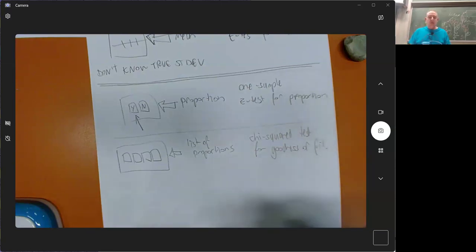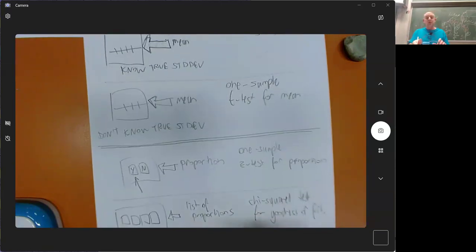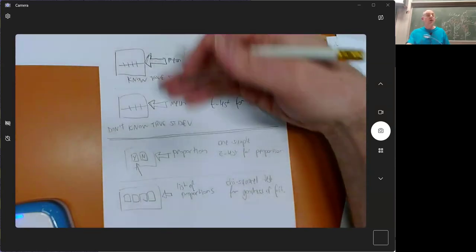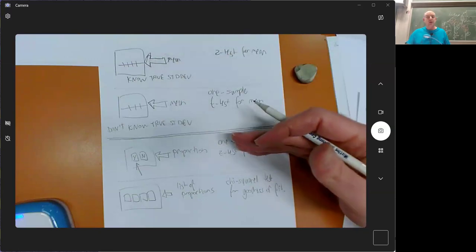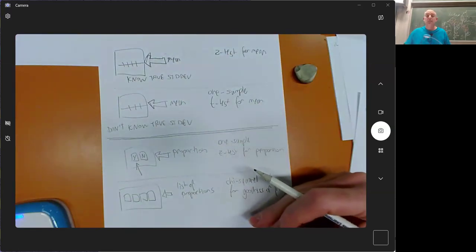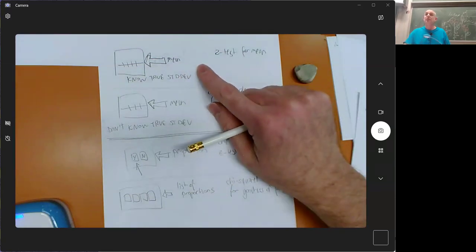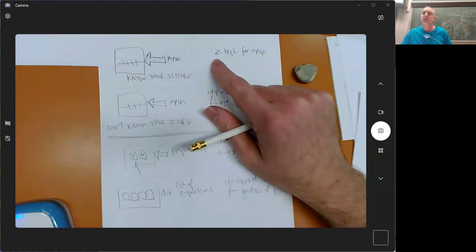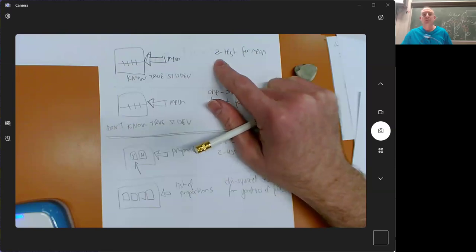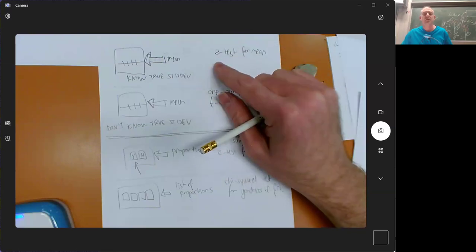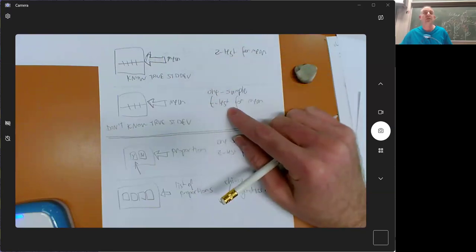Okay. So these are all of the tests that go with a single outcome on each individual. These ones go with numerical outcomes. These ones go with categorical outcomes. This one, knowing the true standard deviation, is very rare in real life. And so most statistics lecturers are much more interested in you knowing how to do the t-test.